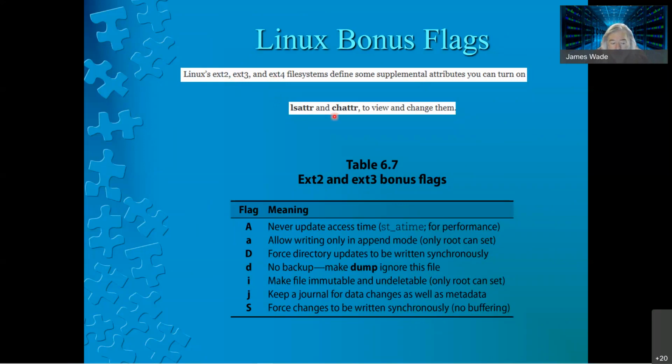For example: never update the access time, allow writing only in append mode, force directory updates, no backup, make dump ignore this file, meaning if I want to dump the entire disk, this would say ignore it. Make a file immutable, keep a journal, force changes to be written synchronously. I rarely use these myself. I just use the defaults.